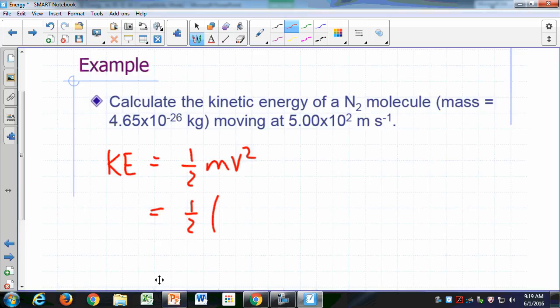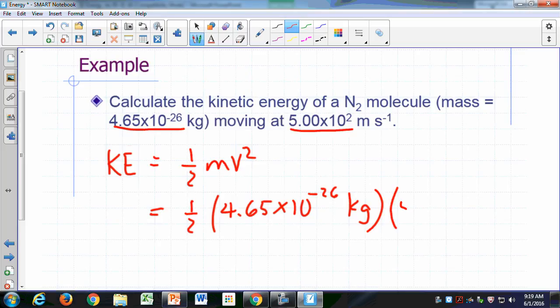The mass is 4.65 times 10 to the -26. Don't forget to include the unit when you plug it in. And then the speed is 5.00 times 10 to the power 2 meters per second, and that is squared.